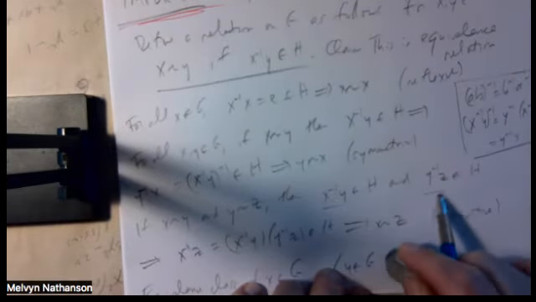So what is the equivalence class of an element x in G? This means the set of all y in G such that x is related to y. And what is that?